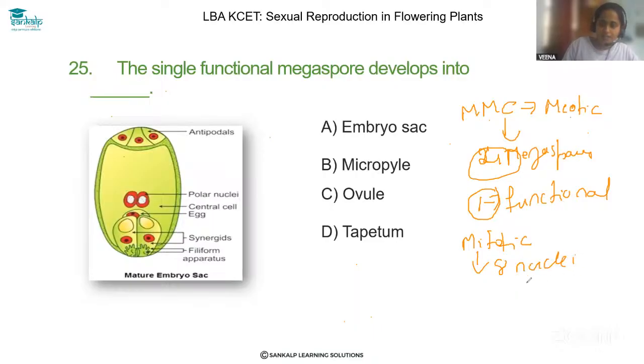And then it finally forms a mature embryo sac, with 3 nuclei at the chalazal end, 2 synergids and 1 egg at the micropylar end, and then the middle 2 polar nuclei. So the correct answer is here, the option A, embryo sac.